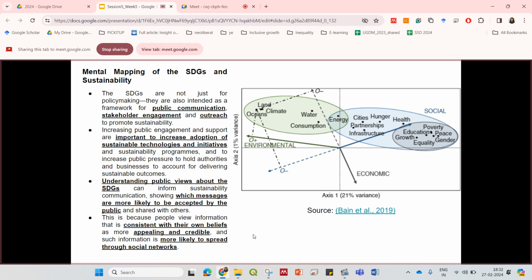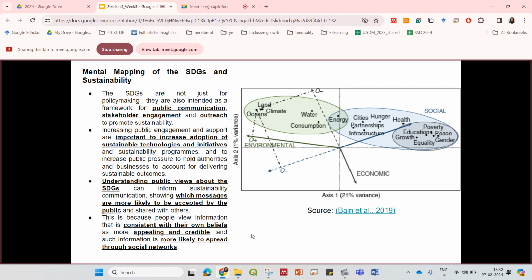To understand the public's view about sustainability, a mental mapping can be done, focusing on which messages are more likely to be accepted by the public, based on the fact that the public follows the information which is consistent with their own beliefs about what is correct regarding what kind of sustainability issues.